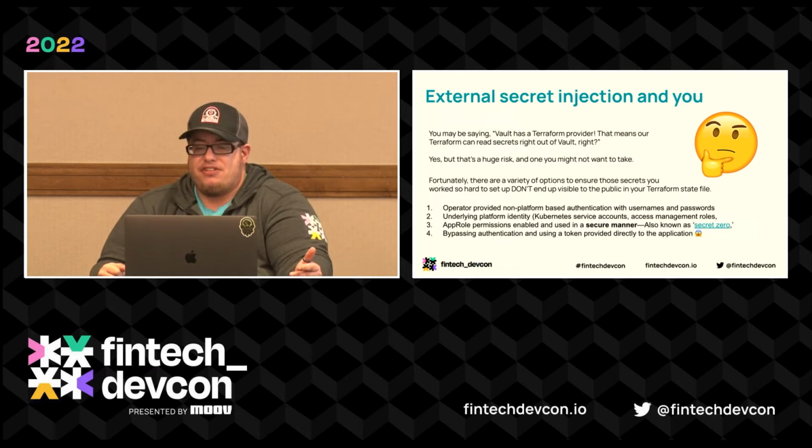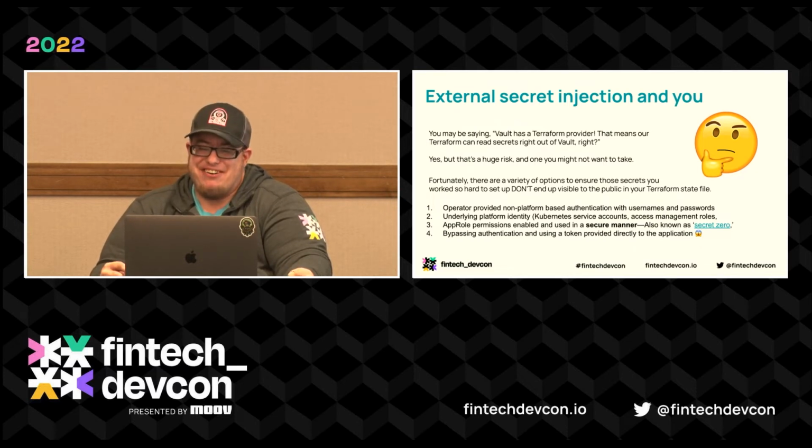You can also do it with your Kubernetes service account, configure your access management rules, etc., and use that underlying platform identity. You can also have app role permissions enabled and use it in a secure manner, also known as Secret Zero. Another way you can do it is also not great. You can bypass authentication and use a token that's provided directly to the application, also known as tokens from the sky. It's raining tokens. I wouldn't recommend that one either.